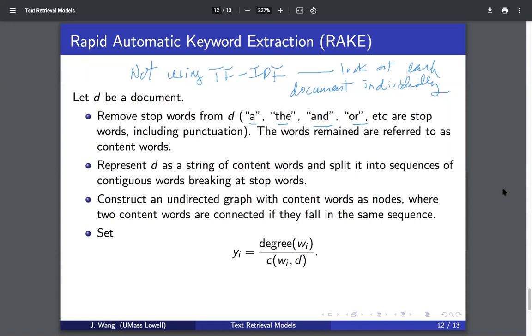And then we are going to use these stop words to cut your document into fragments, right? So for instance, I have this document. So let me start a new screen here.